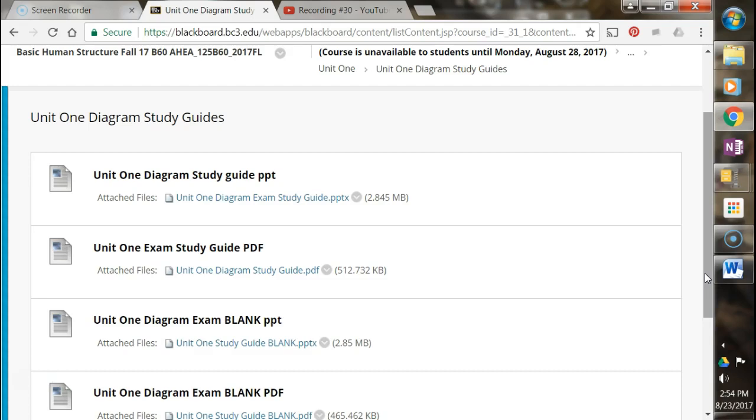What I really encourage you to do is print either the PowerPoint or the PDF study guide, either the blank or the filled-in study guide. I would suggest printing them both and then practice on the blank study guide. Students have told me that they just take blank sheets of paper and lay them on top of the blank study guide, and then they can write the answers on it.